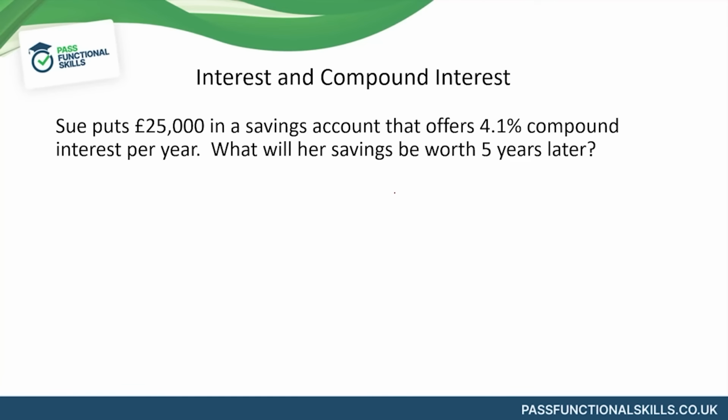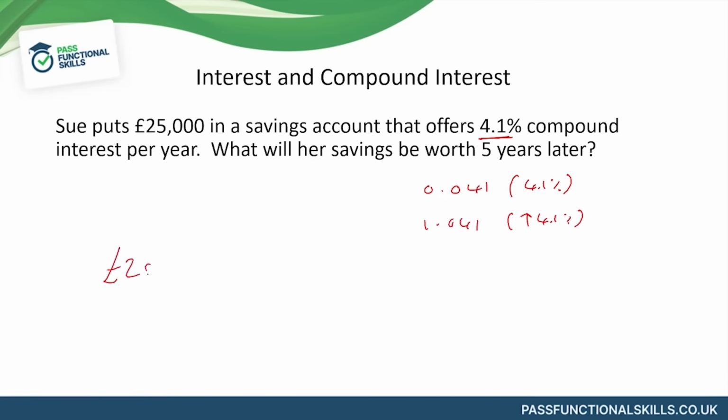Okay, so here is another example, exactly the same thing, but the interest rate is a bit of a fiddle. Now, the multiplier for 4.1%, if it's not obvious, divide this by 100. 4.1 divided by 100 is 0.041. So this would be the multiplier used to work out 4.1% of an amount, but if you want to increase by 4.1%, then add 1: 1.041.